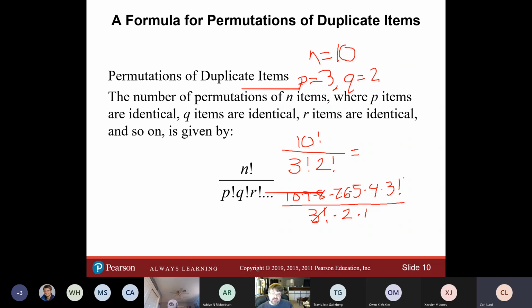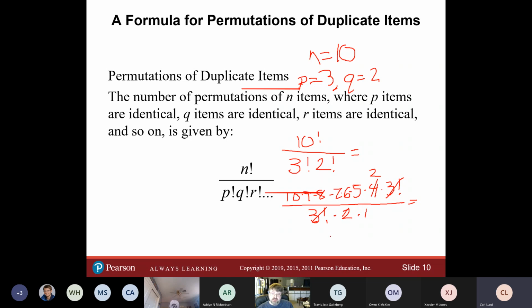So my 3 factorials cancel, and my 2 is going to cancel. 2 will cancel with 4. So I have 10 times 9 times 8 times 7 times 6 times 5 times 2. That would be 10 times 9 times 8 times 7 times 6 times 5 is 30 times 2.